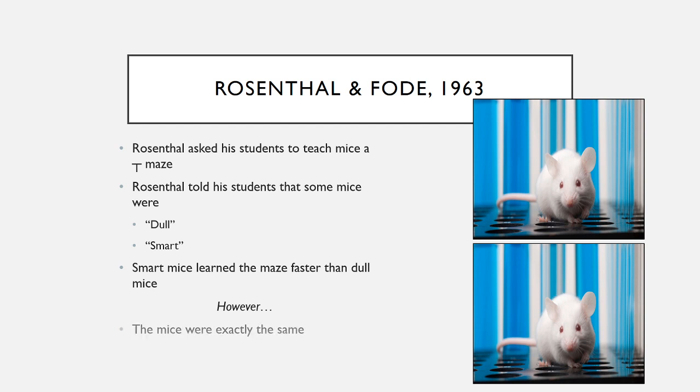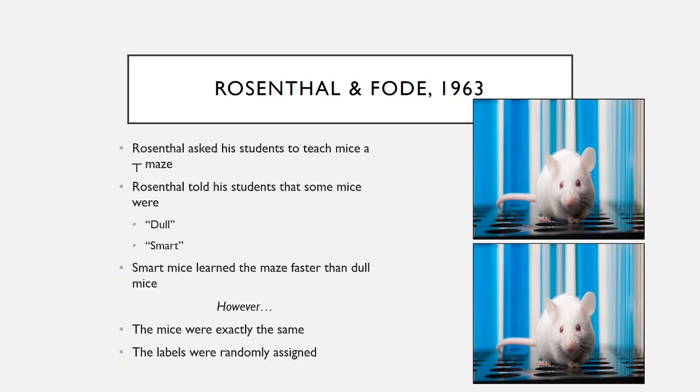Now, what the students didn't know was that both groups of mice were exactly identical. This is an example of a slight use of deception in a study. The students didn't know that it wasn't the actual maze or the mice's performance that was the critical variable being studied, but rather how the research assistants interpreted the mice that were "dull" or smart.